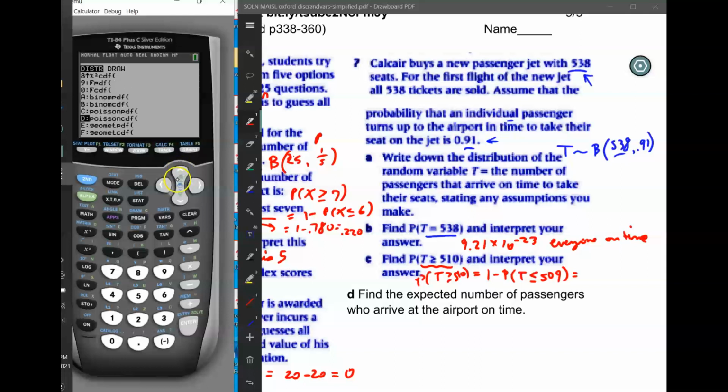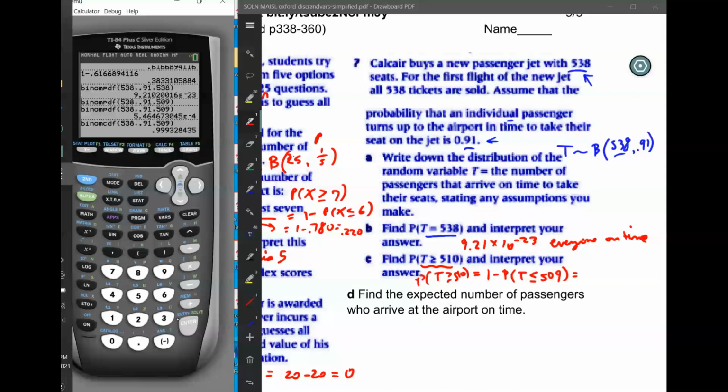So I'm going to go up to binomial CDF, and then I'm going to do 538 and 0.91. And the x value is going to be 509. And then we'll see the probability that they have at least 509 people on the plane.